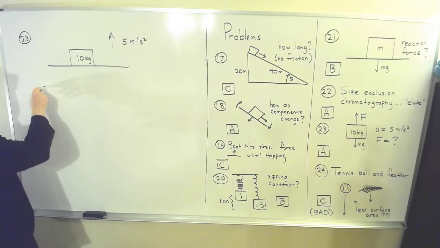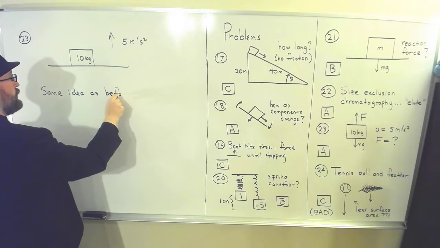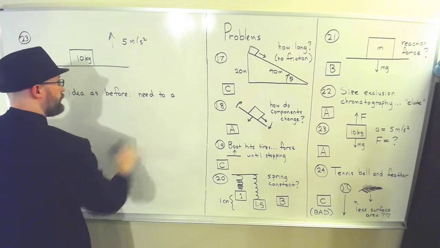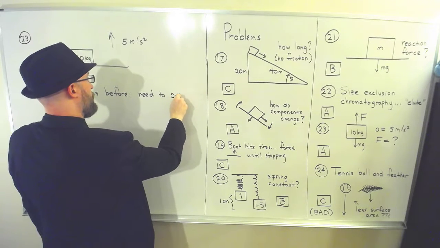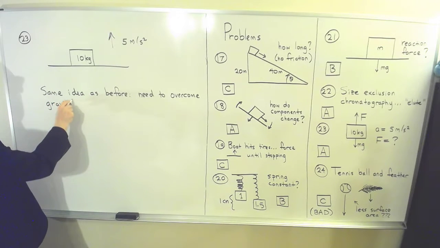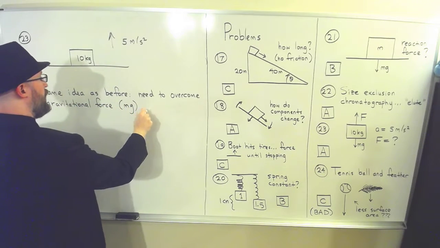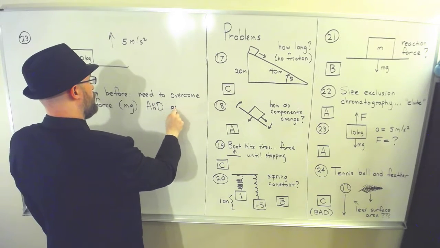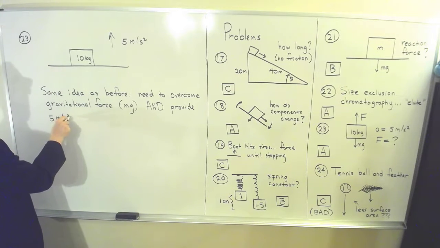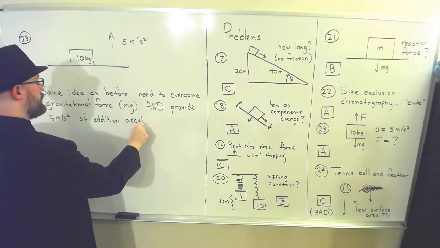It's the same strategy as before, and that is that you need to overcome the gravitational force, which of course is mg, and provide 5 meters per second squared of additional acceleration.